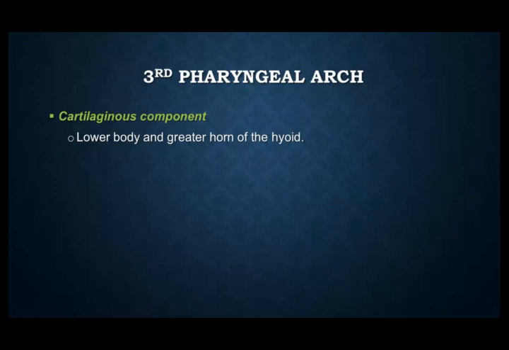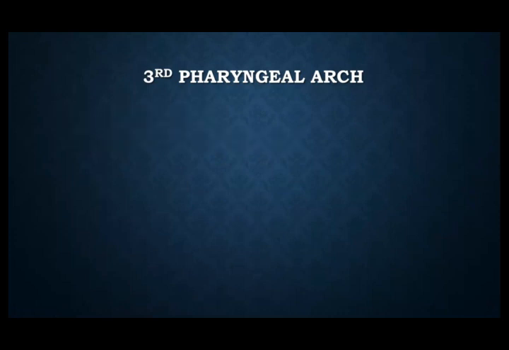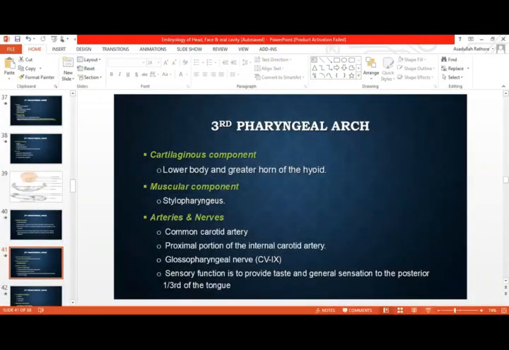The mesoderm and the neural crest cells are the cells that transform into the mesenchymal cells. The ectodermal layer externally lines all the pharyngeal arches, which are six in number.